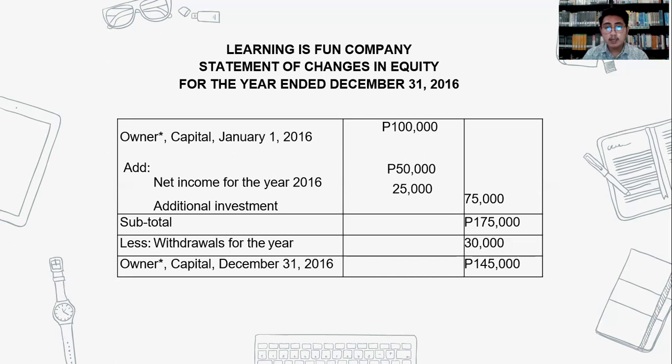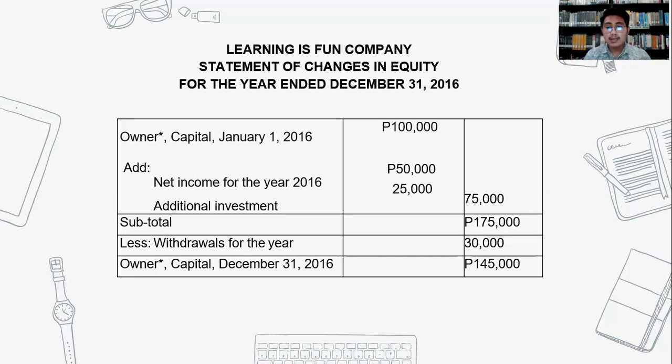Then once you combine the total capital with the additional investment, we will receive 175,000 pesos. So yan yung binigay nating pera sa isang negosyo. So to get the owner's capital ending, we need to less first the withdrawals of the year. So ilan yung kinuha mo personal money, ilan yung kinuha mo pera sa negosyo, ilan yung winidraw mo sa negosyo.